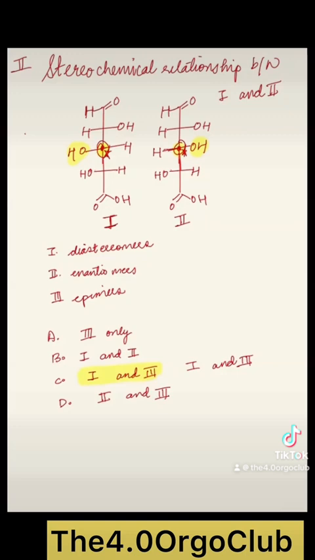So if you have two compounds, and the second compound retains the stereochemistry of all the carbon centers, then first of all, you would call these compounds exactly the same.